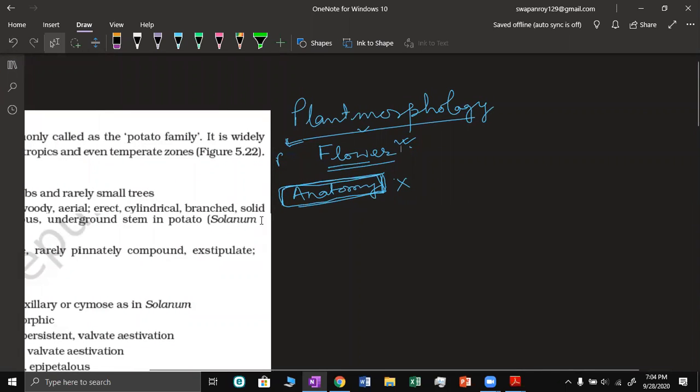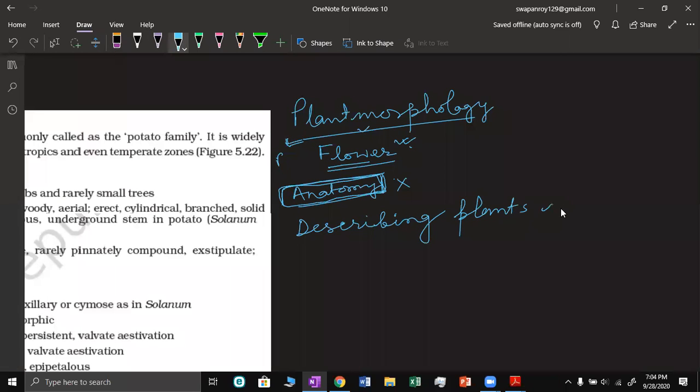Today our topic is describing plants in technical terms.